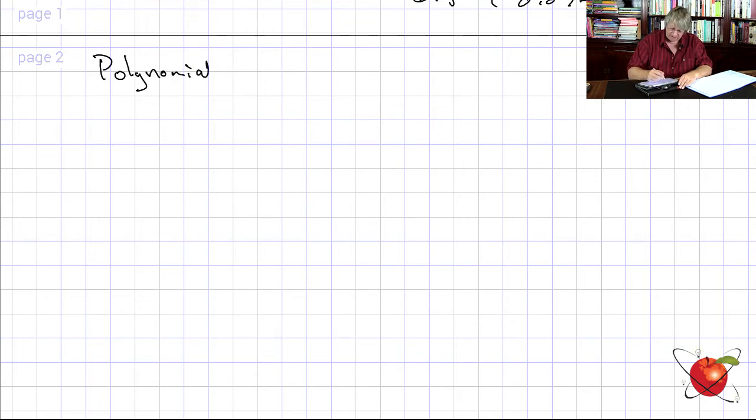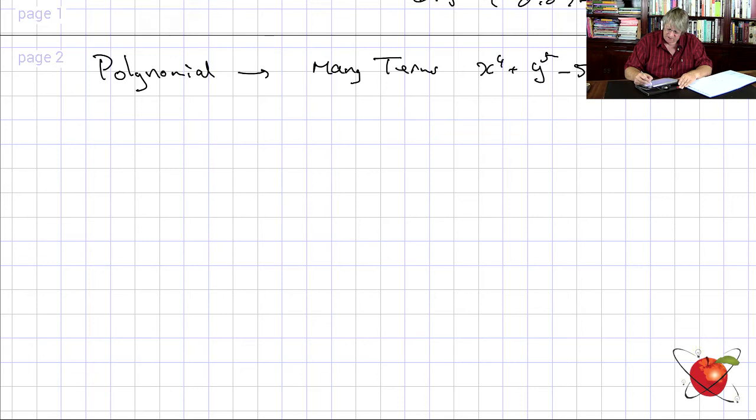polynomial? Okay? A polynomial has got many terms, hasn't it? So a polynomial is x to the 4th plus y to the 5th minus 5x plus 3y minus 7, okay? It's got 1, 2, 3, 4, 5 terms.